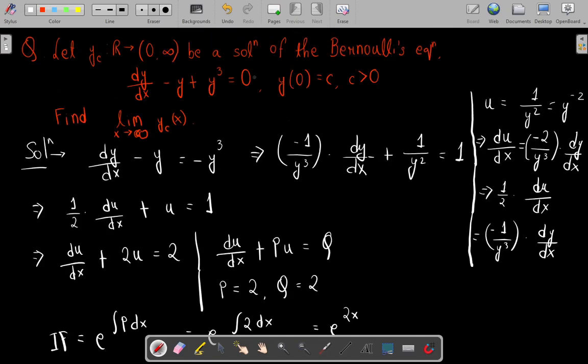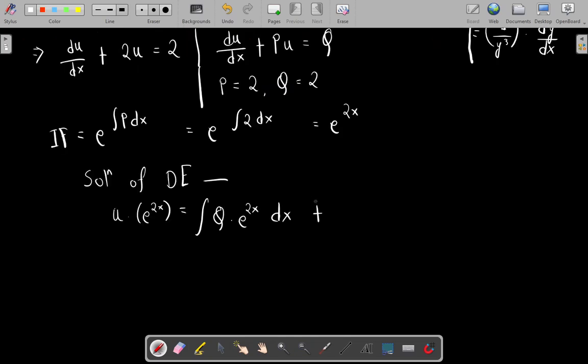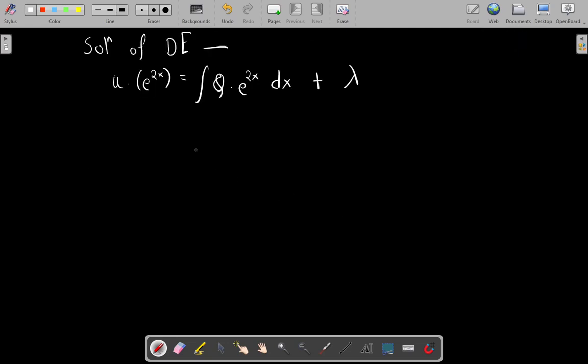So the solution of the linear differential equation du/dx plus 2u equal to 2 is given by u times the integrating factor, that is e raised to the power 2x, equal to the integral of Q times the integrating factor, e raised to the power 2x dx, plus some constant. Now the initial condition in the question is y(0) equal to c, so we are taking the constant to be something other than c, let's say lambda. After simplifying we get u times e raised to the power 2x equal to the integral of 2 e to the power 2x dx plus lambda.